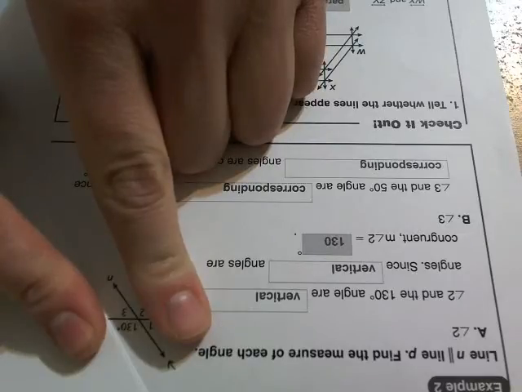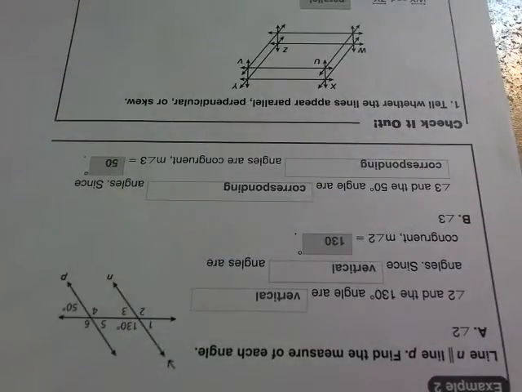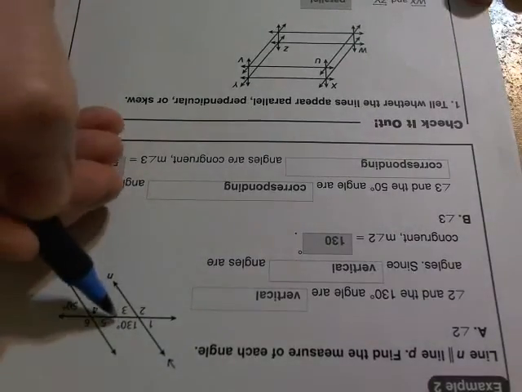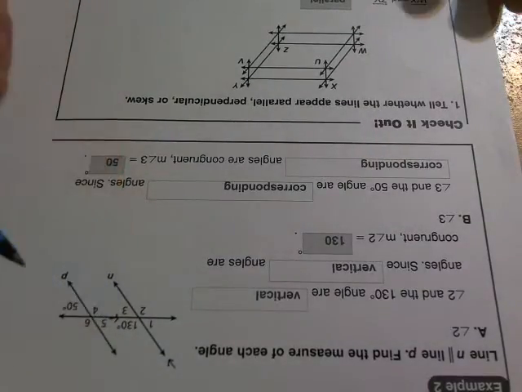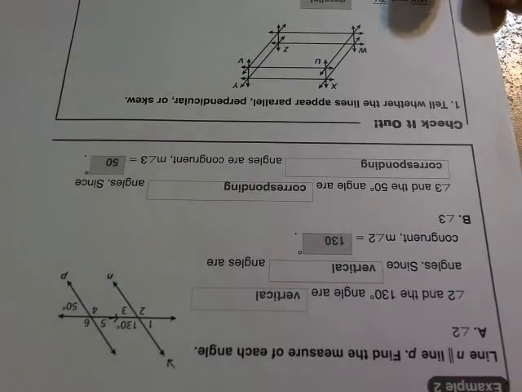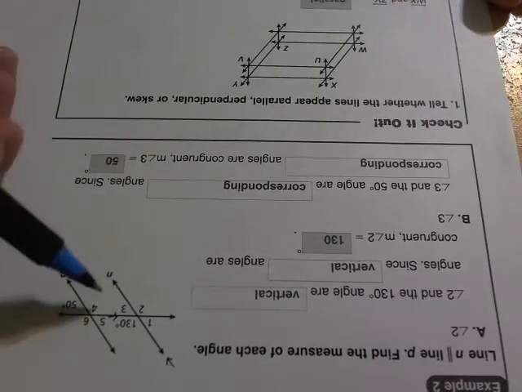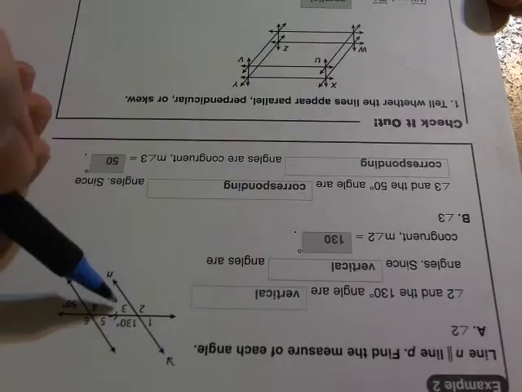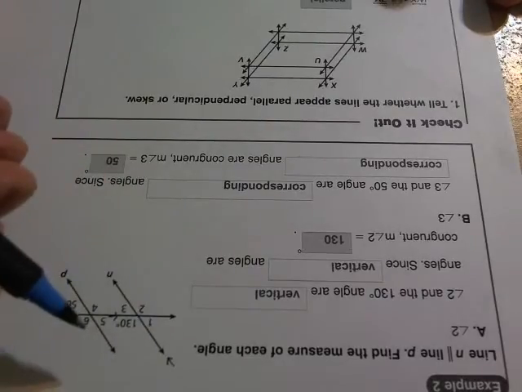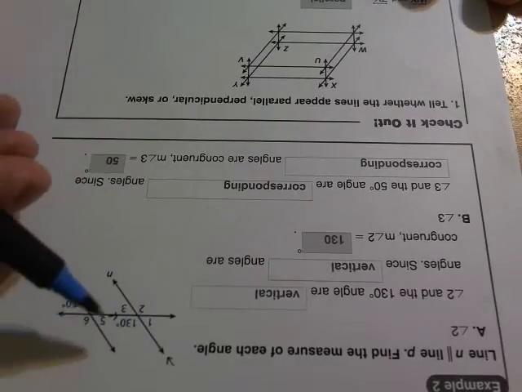That means they're also supplementary, and also adjacent because they share a side, this one right here. That's more important for me because 3 is one of the angles they're asking me to find. But the same logic will apply to finding angle 1 if we were asked to.